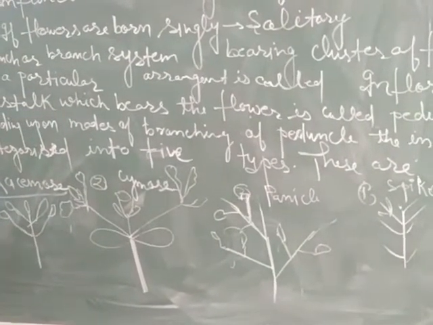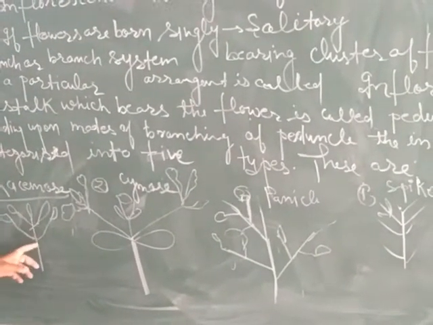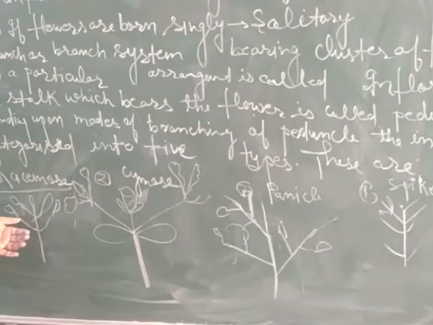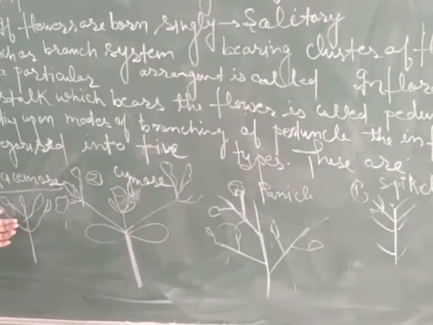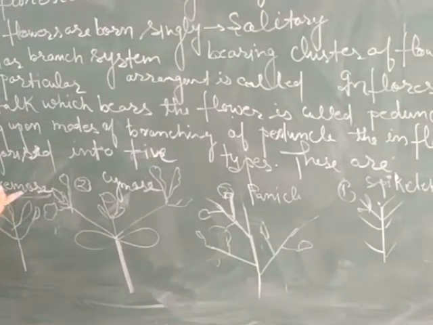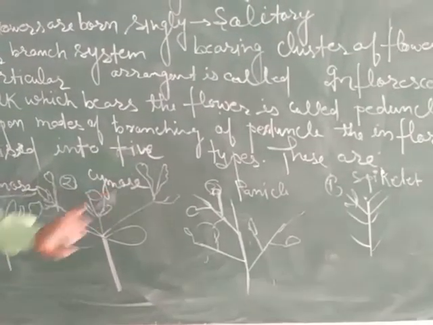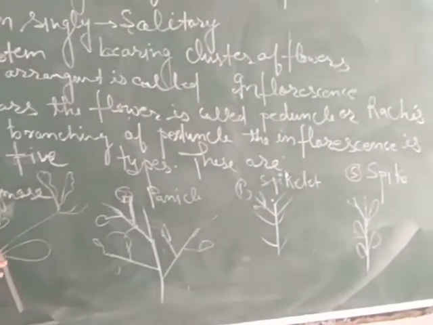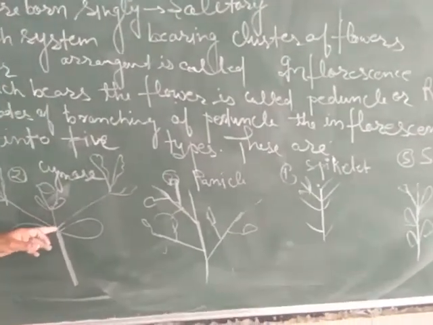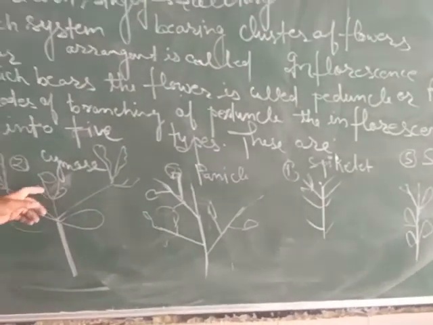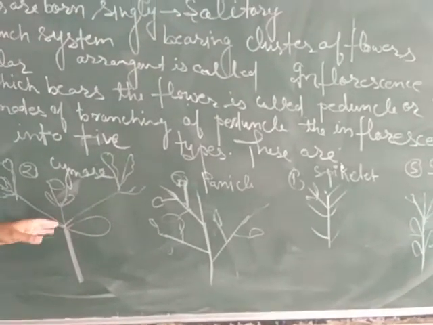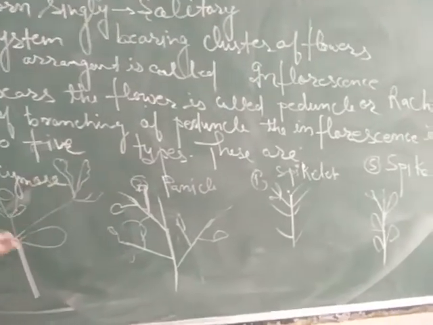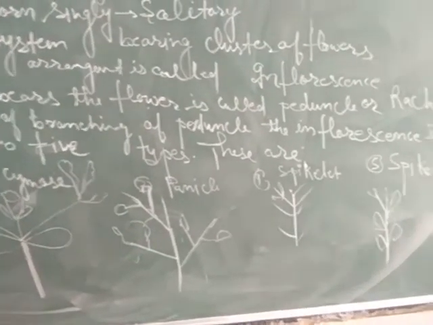In racemose type, flowers are either at the tip of the main stem or on the tips of side branches. Second is cymose type. In cymose type, from the main branch, flowers develop either directly on the pedicel of the main stem or on side branches develop multiple clusters of flowers. This is called cymose type.